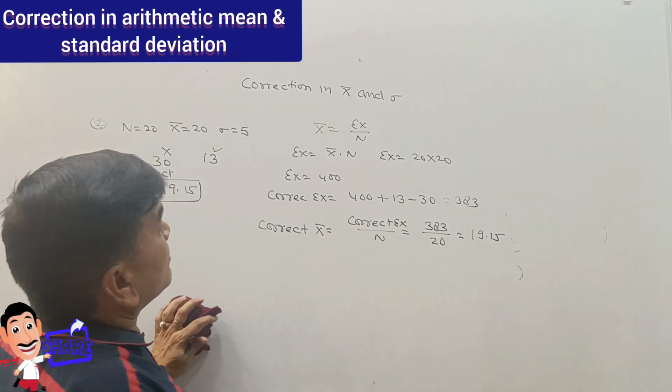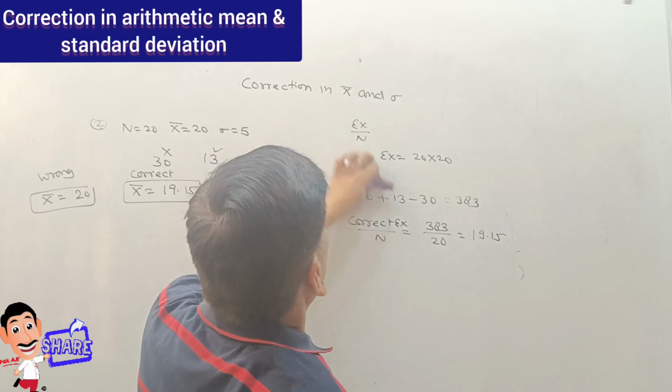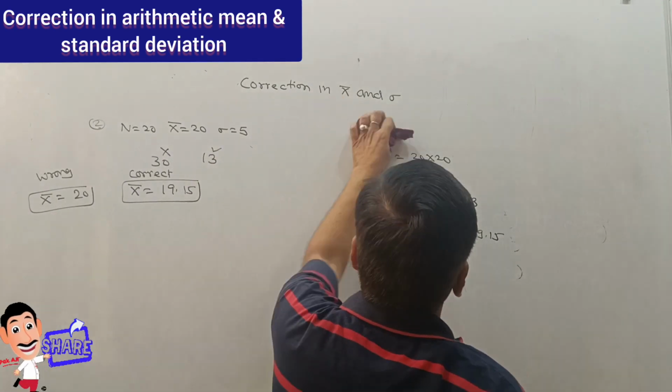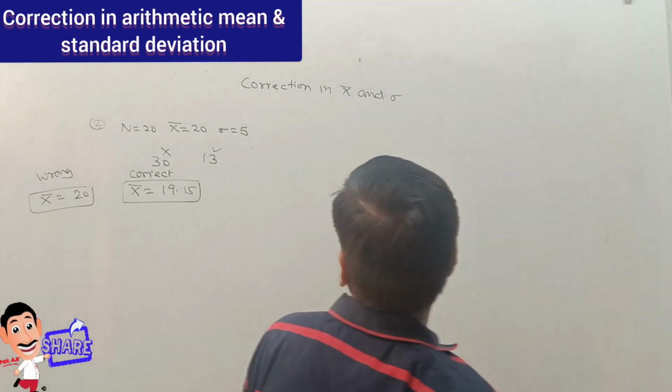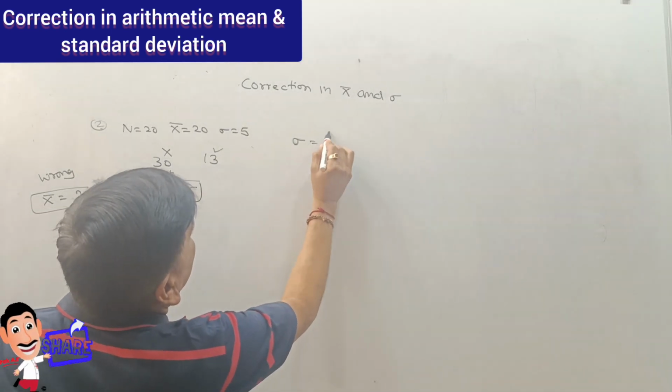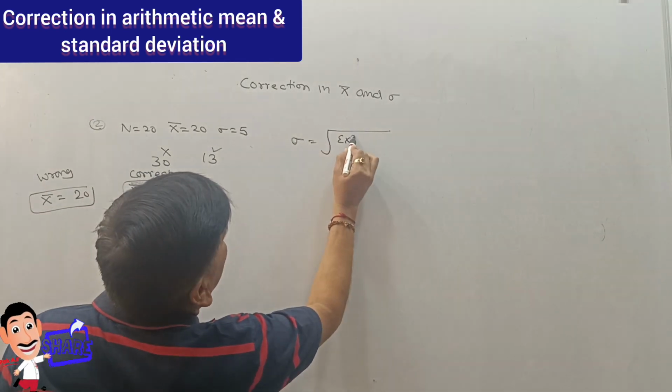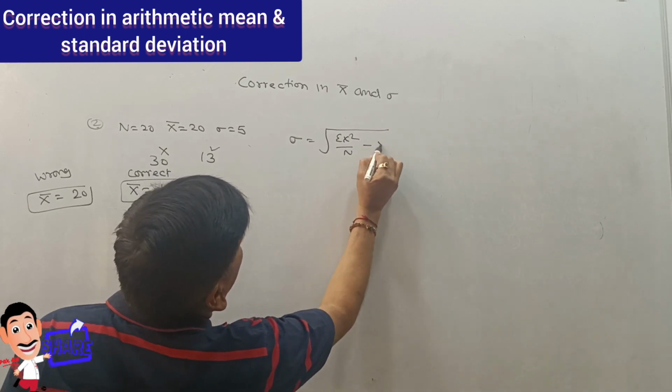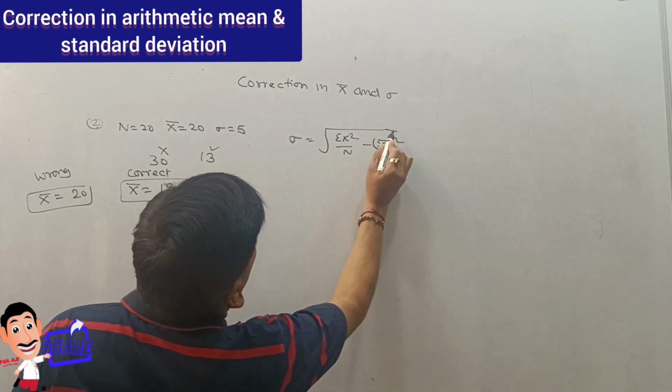Now standard deviation. For getting the standard deviation, what will we do? The value of standard deviation is the square root of sigma x square divided by n minus x bar raised to power 2.